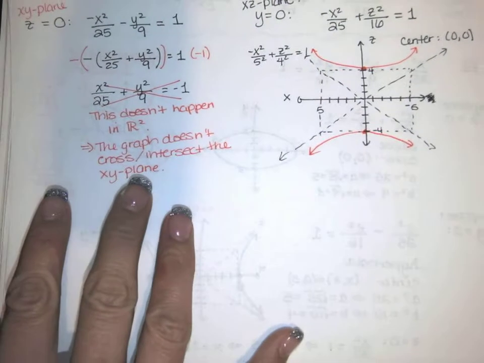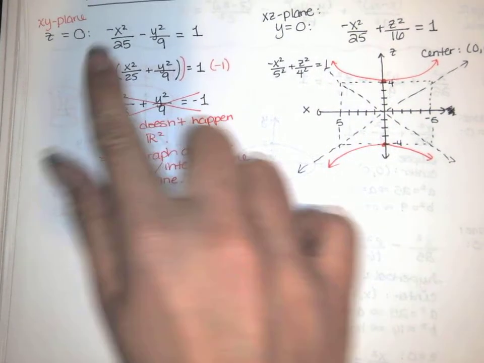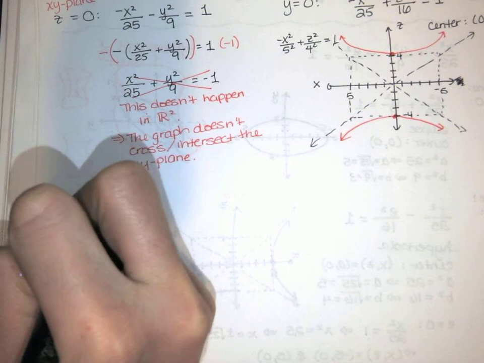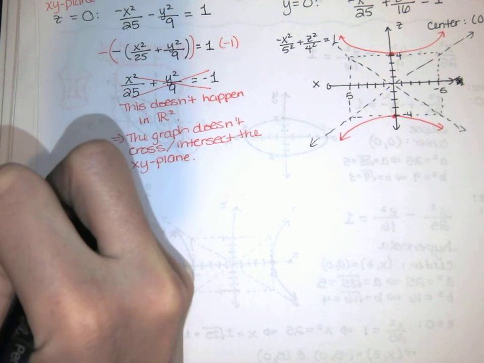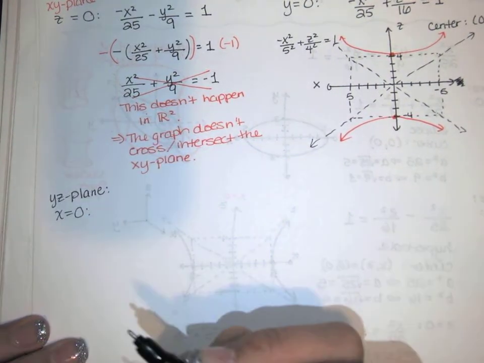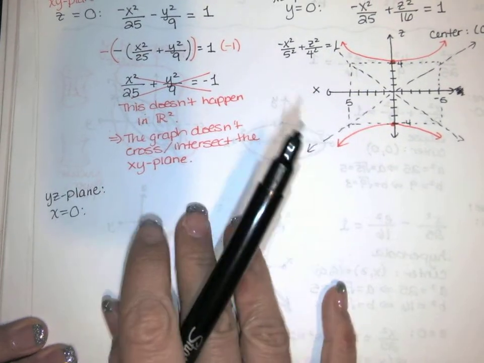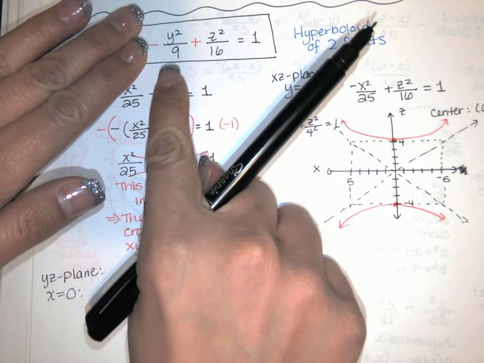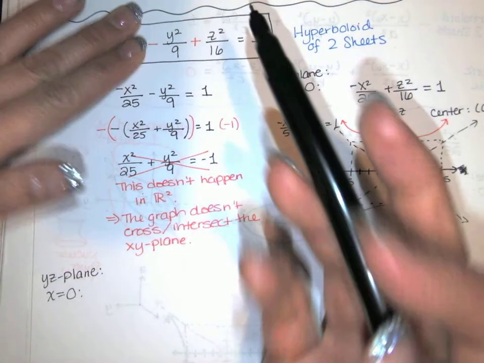Let's see what happens in the third plane. We had z equals 0, y equals 0. Now let's let x equal 0. Remember, when x equals 0, we're in the yz plane. So if x equals 0, here's our equation. This guy is gone, and we're just left with that plus that equals 1.